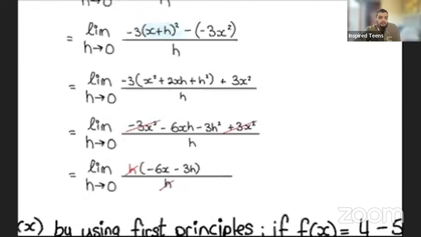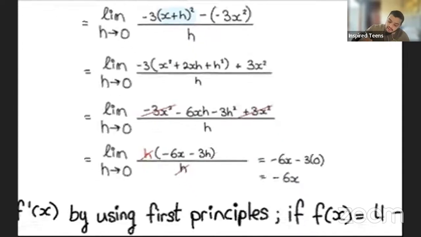Once we've taken our common factor of h, we are going to substitute h as 0. So you don't have to put the limit. I'm just going to say equals to. This could be on the next line as well, it's fine, I just don't have space. It is equal to negative 6x minus 3 into 0. And what does that simplify to? Negative 6x.